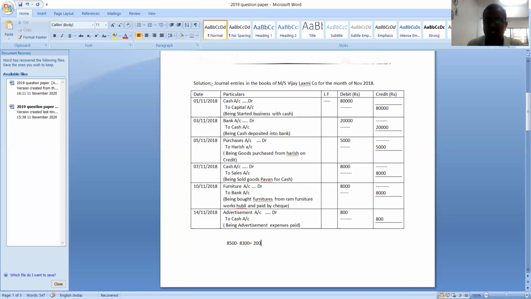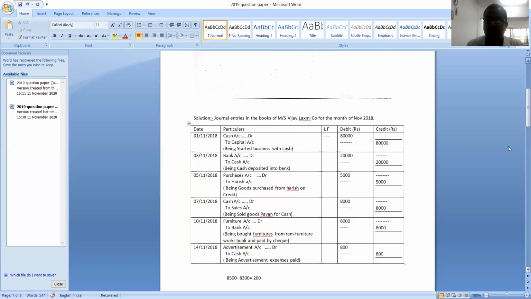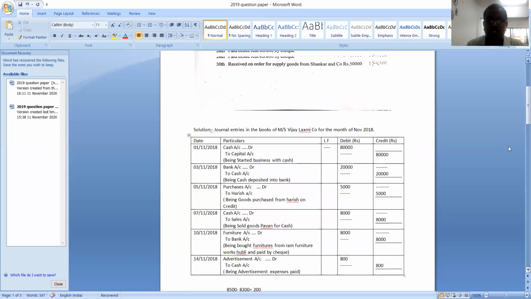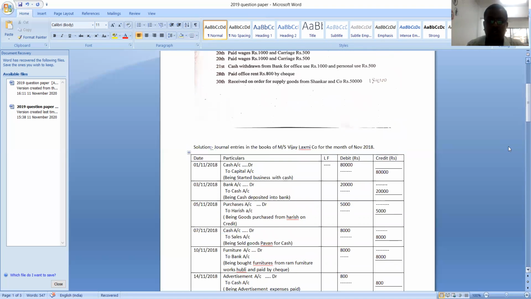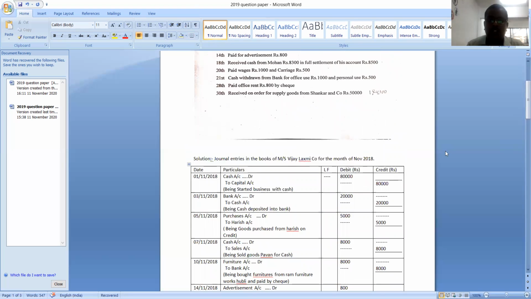Are you getting my point? Once again, I will read the transaction. The date is 18th. Received cash from Mohan rupees 8,300 in full settlement of his account, 8,500.